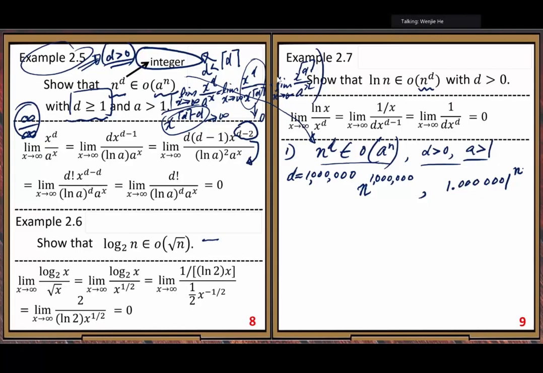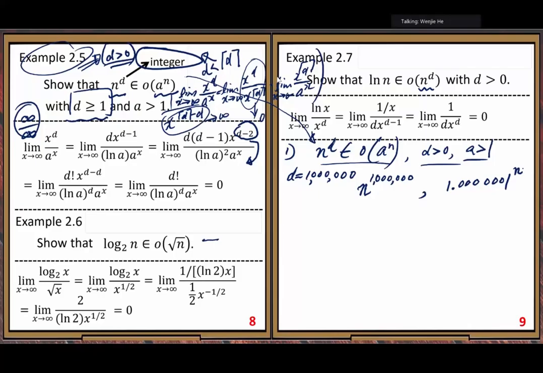Now, if I ask you which one grows faster, can you get an idea? The first one is n to the 1 millionth, a large power function. The second one is an exponential function, but the base is very close to 1: 1.0, so many zeros, then 1, raised to the nth power.